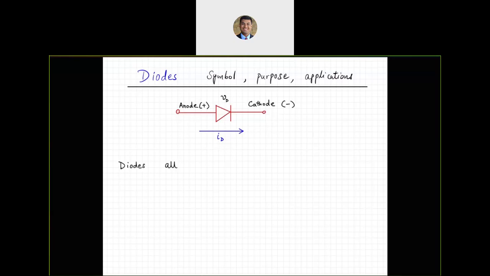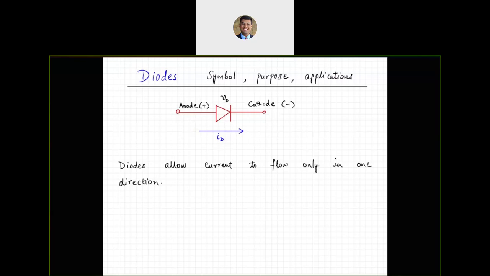Diodes allow current to flow only in one direction. So the current cannot go from negative side to the positive side. It can only go from anode to cathode.